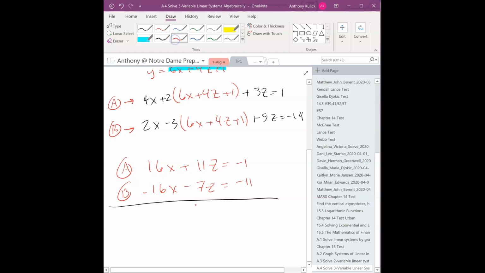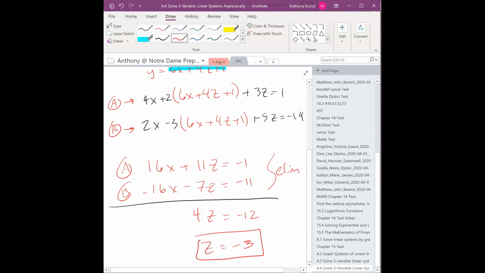So if I just add this down doing elimination, I just did elimination there, and I didn't have to do anything to eliminate it. I just did equation A plus equation B because the x's already had opposite coefficients. And there I can solve for z by dividing both sides by 4.